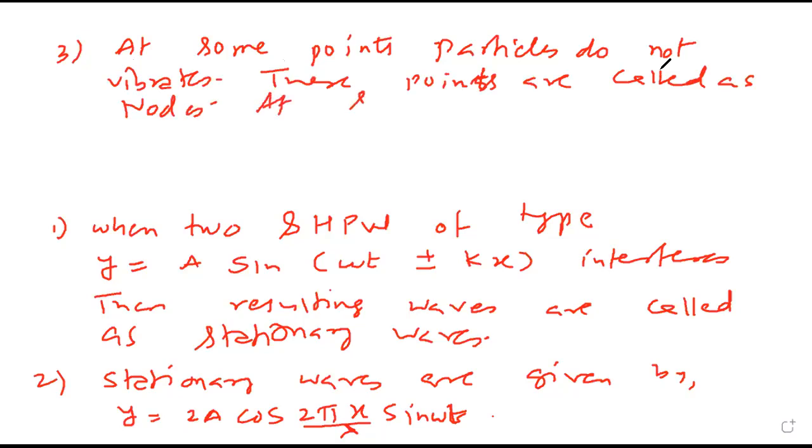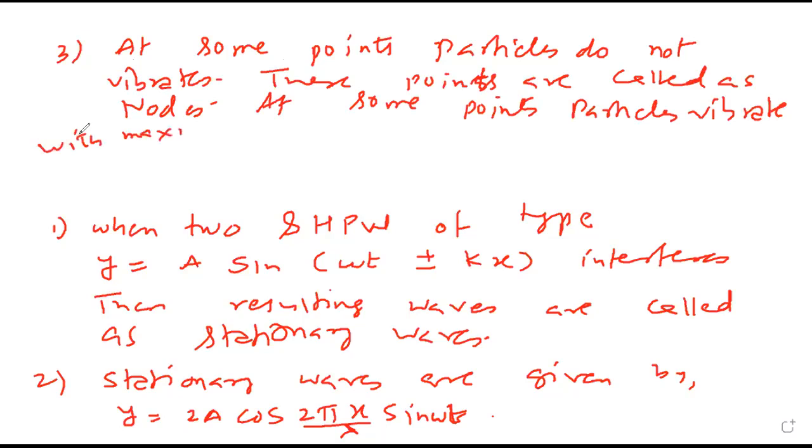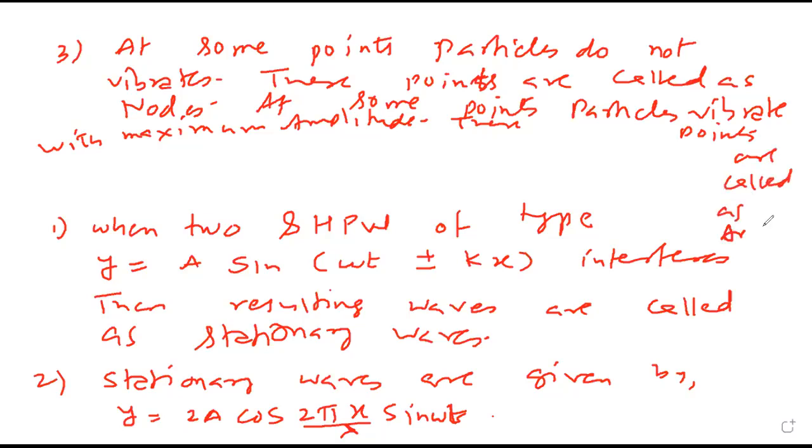At some points, particles vibrate with maximum amplitude. These points are called antinodes. Please copy these 3 points. Any doubt? Feel free to ask.